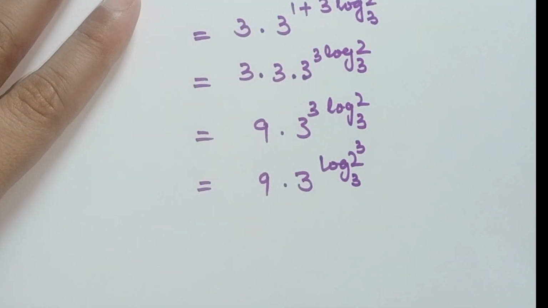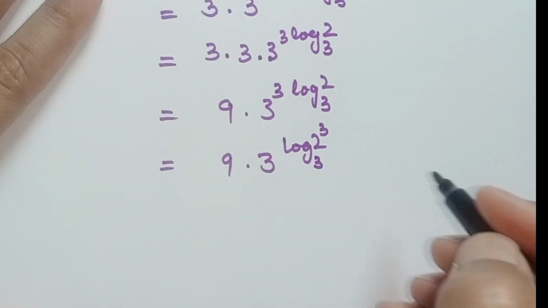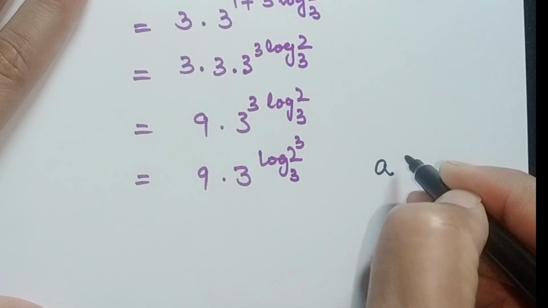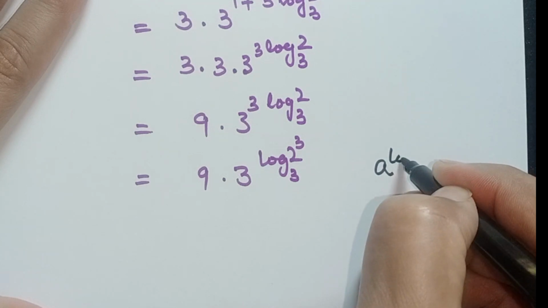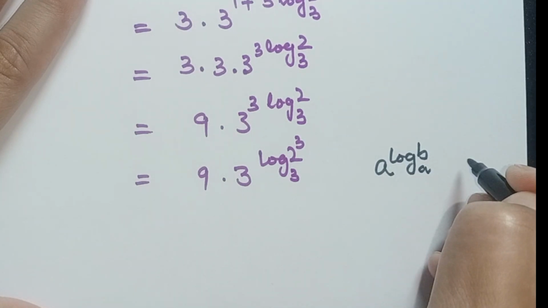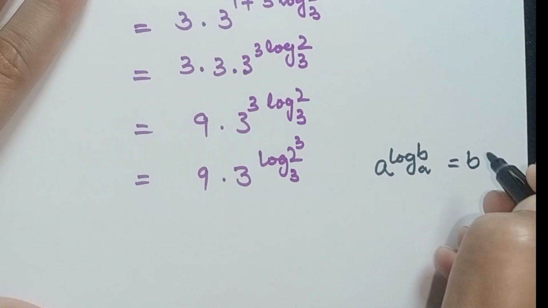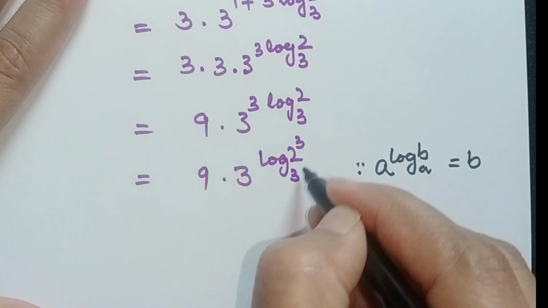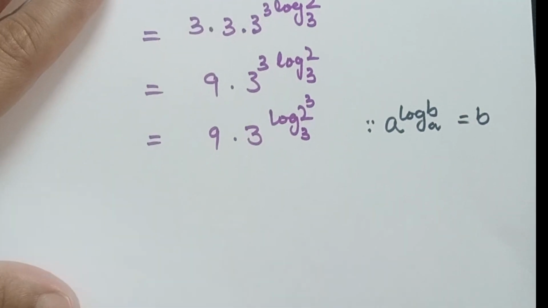So in the next step, we are going to use another very well-known property: a power log b base a is given, then it is equal to b. So we are going to use this property in the next step here.